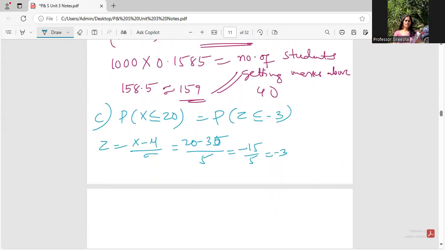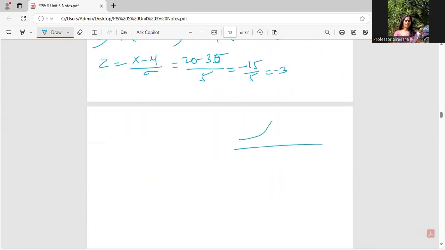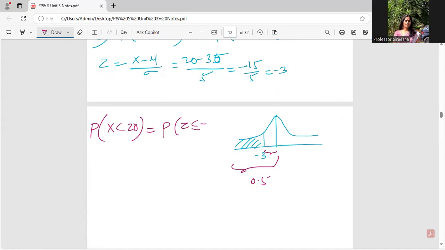Just see here, if you put it under the curve, then things will turn out very easily. Minus 3 would be towards the left. What area do I want? Less than or equal to minus 3 would be somewhere here, right? So how will I find this area? The total area towards the left is 0.5, from which I'll be deducting the area from minus 3 to 0. P of x less than 20 is nothing but P of z less than or equal to minus 3.